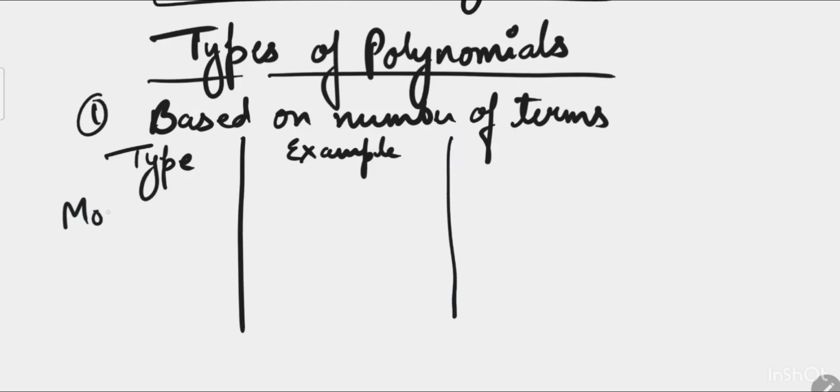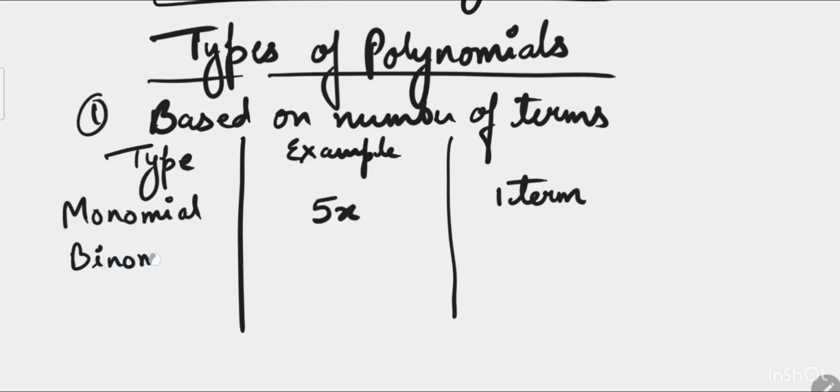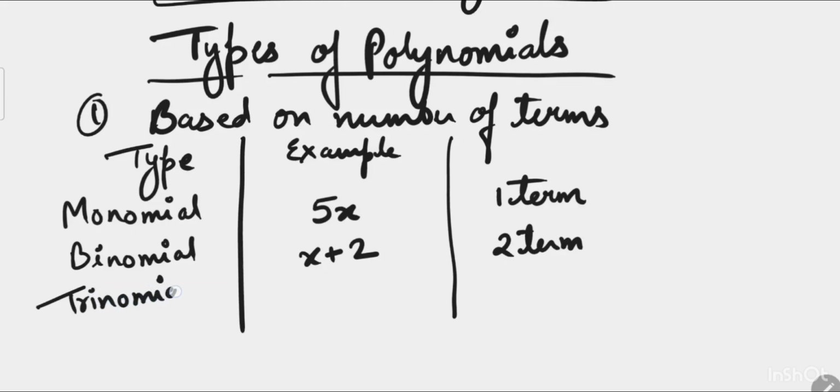First is monomial. Its example is 5x. It will have only one term. Then binomial, x plus 2. It will have two terms. Then trinomial, x square plus 3x plus 1. It will have three terms.